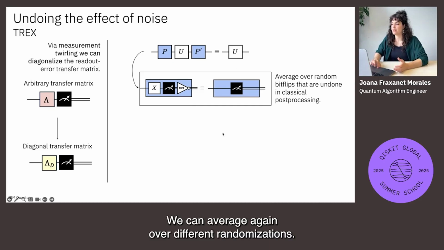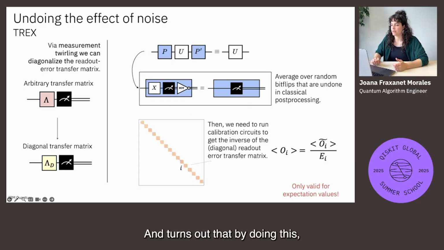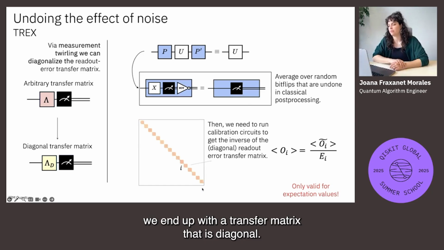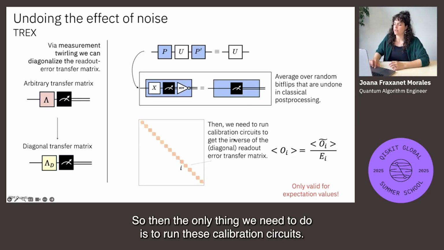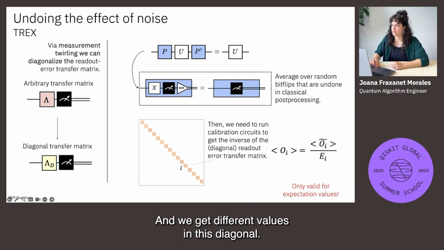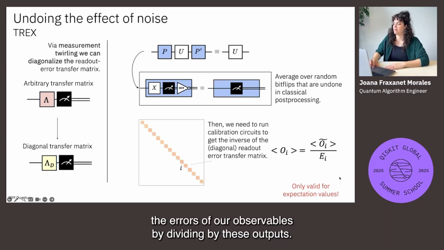We can average, again, over different randomizations, and it turns out that by doing this, we end up with a transfer matrix that is diagonal. So then the only thing we need to do is to run these calibration circuits, and we get different values in this diagonal, and then we can mitigate the errors of our observables by dividing by these outputs.